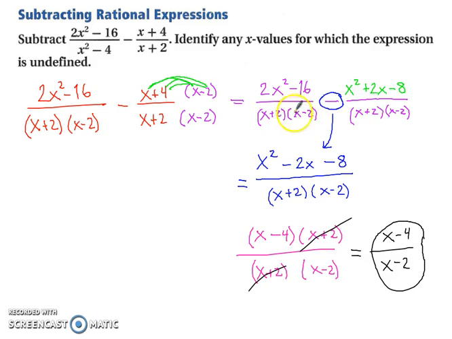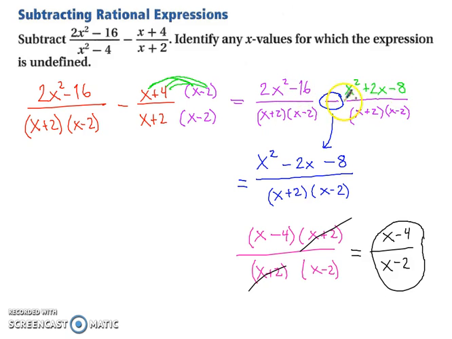Now that you have common denominators, just like you were adding before, this time you're going to subtract. And remember to subtract every piece. Okay? So you have 2x squared minus x squared, and then you have minus positive 2x, and then minus negative 8.